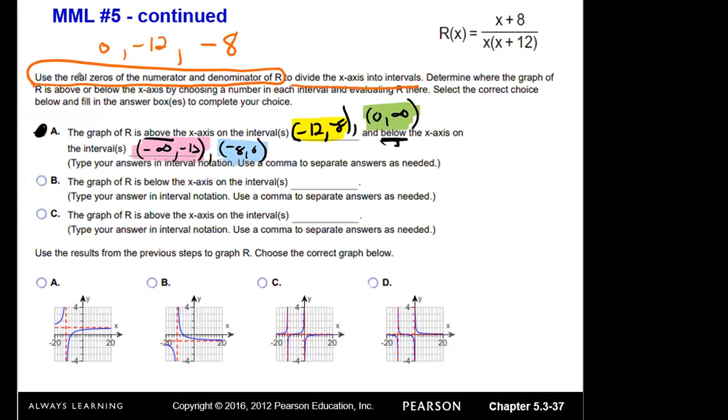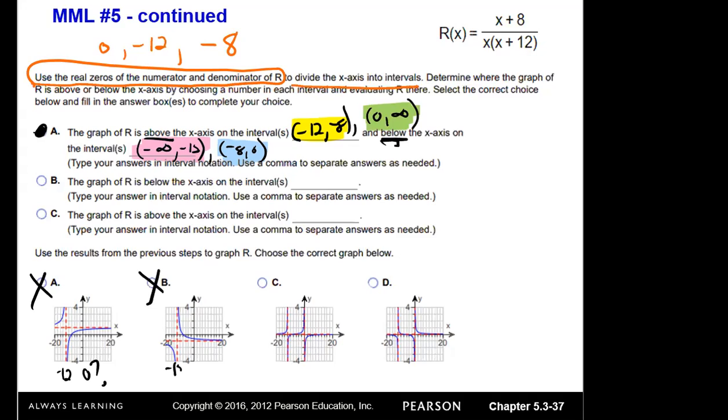All right. I know that I have 2 vertical asymptotes, one at -12 and the other one at 0. So starting with my vertical dashed lines, that automatically eliminates A and B. They have the -12, but where's 0?